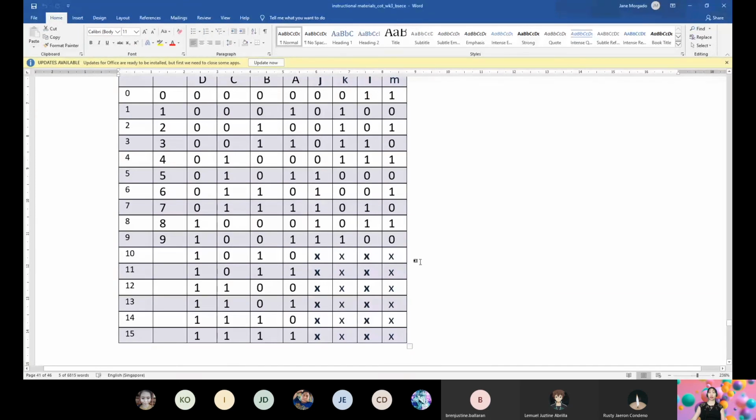So we can have don't care output for these input combinations.